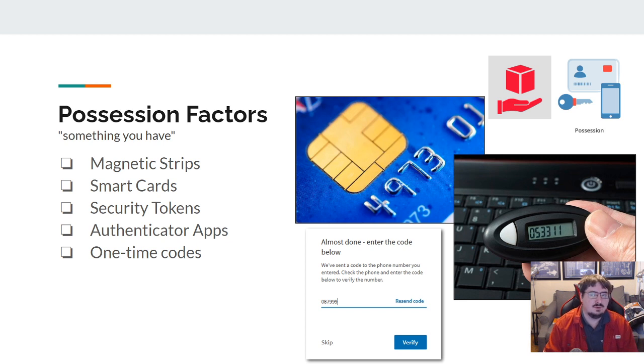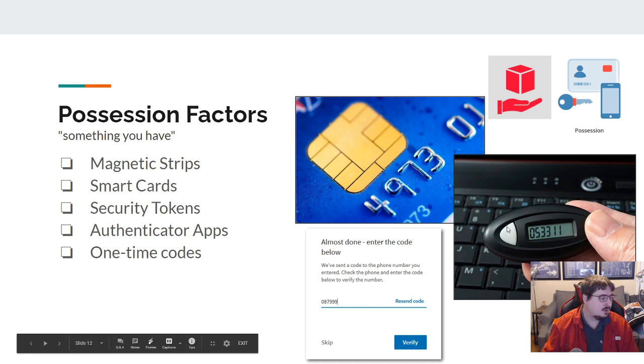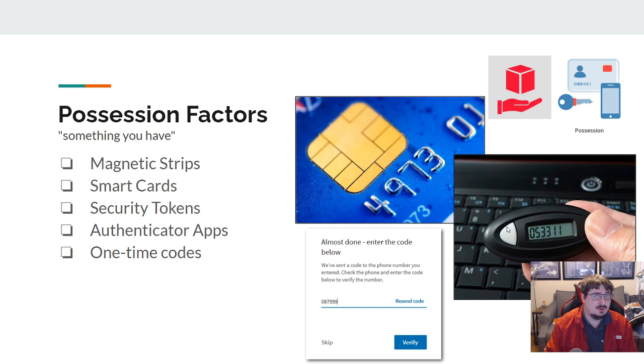The other things that you can use for possession are things like security tokens. You can see one here on the right. These security tokens are actually one of the best ways to really secure your account at the moment, because they really do rely on that idea that you have to have this, and if you don't have it, you can't get in.